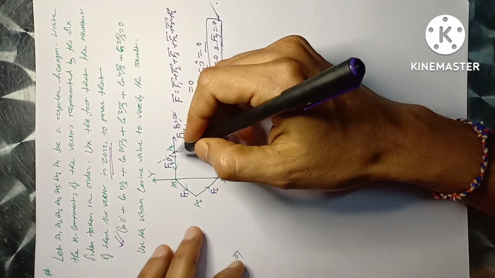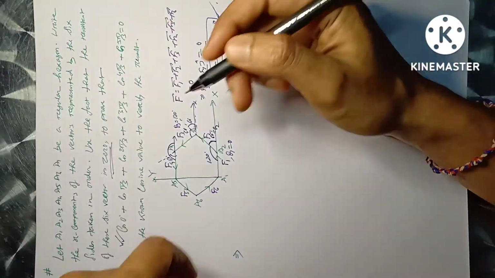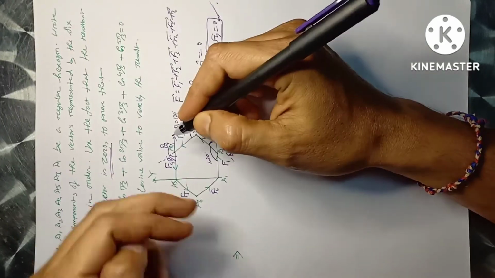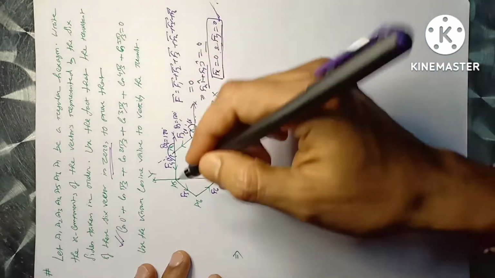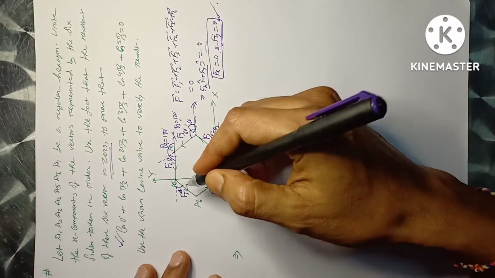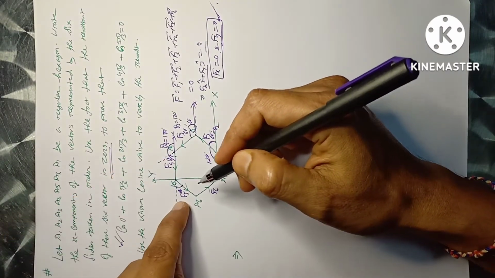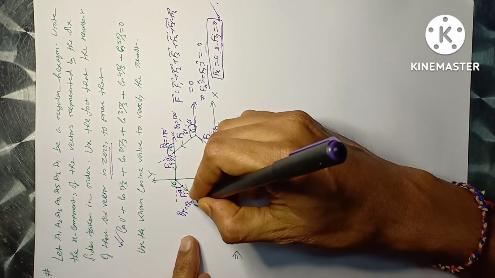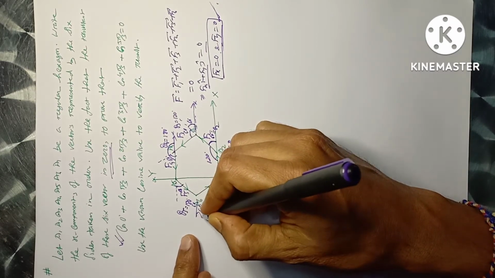So f4 makes an angle with the x-axis of 120 degrees. F4 is the opposite of the x-axis, and this is also 60 degrees. So f5 makes an angle of 180 plus 60, then theta 5 equals 180 degrees plus 60 degrees, which means 240 degrees.